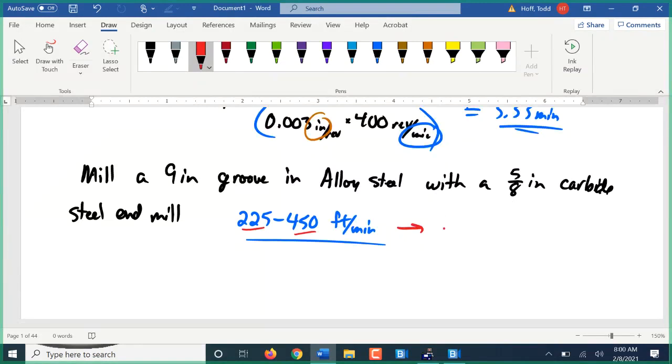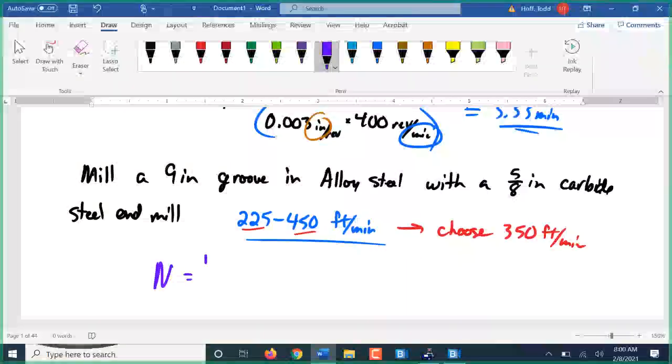Let's just say we are going to choose, for this purpose, 350 feet per minute as our surface cutting speed. So we're going to find our RPM here. 12 times 350 over pi times 5/8.